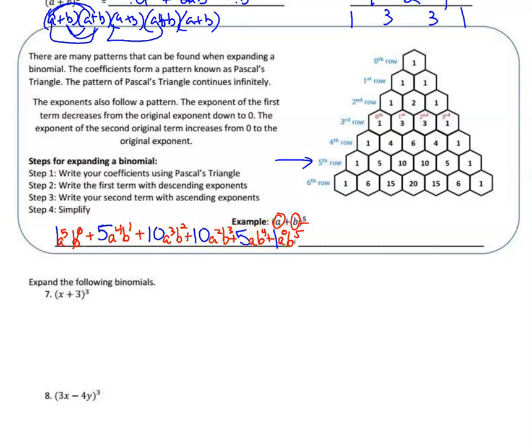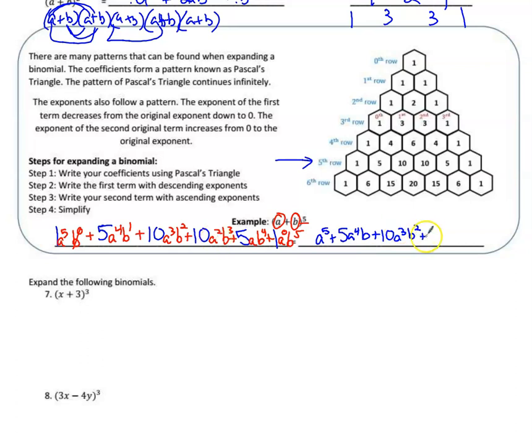Now we can write what this would be in expanded form. a plus b to the fifth is going to be 1a to the fifth, which is just a to the fifth, plus 5a to the fourth b to the first, which is just 5a to the fourth b. And now we have positive 10 a cubed b squared.